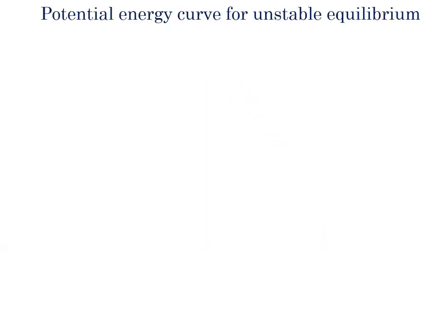Now what is the potential energy curve? Again, we all know the potential energy curve for the unstable equilibrium is like this. This is the graph between U and x. Now think, you are displacing the ball toward the right side. All of you will say this is a displacement x. Then again we will check the force.